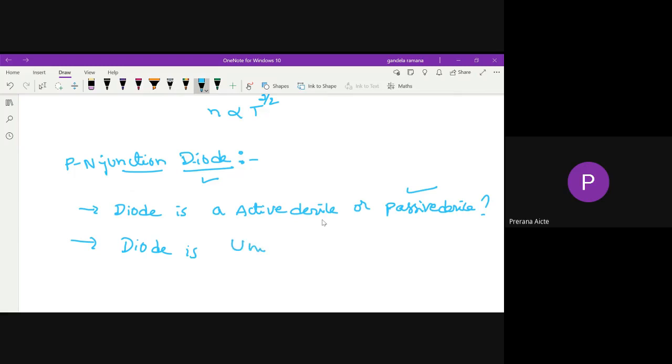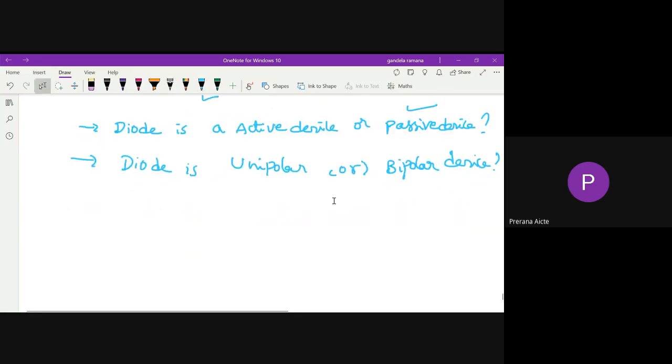Is a diode a unipolar or bipolar device? I am not asking direction. It is a bipolar device. Why?